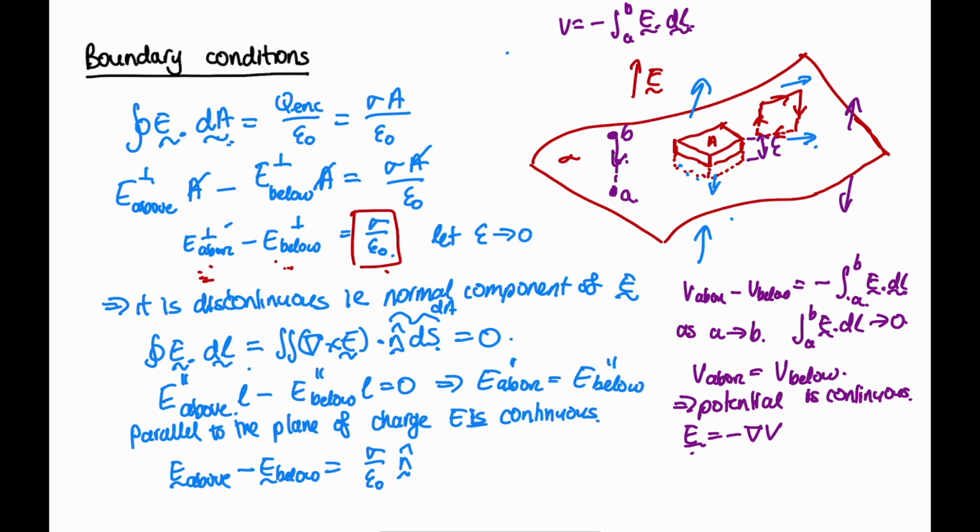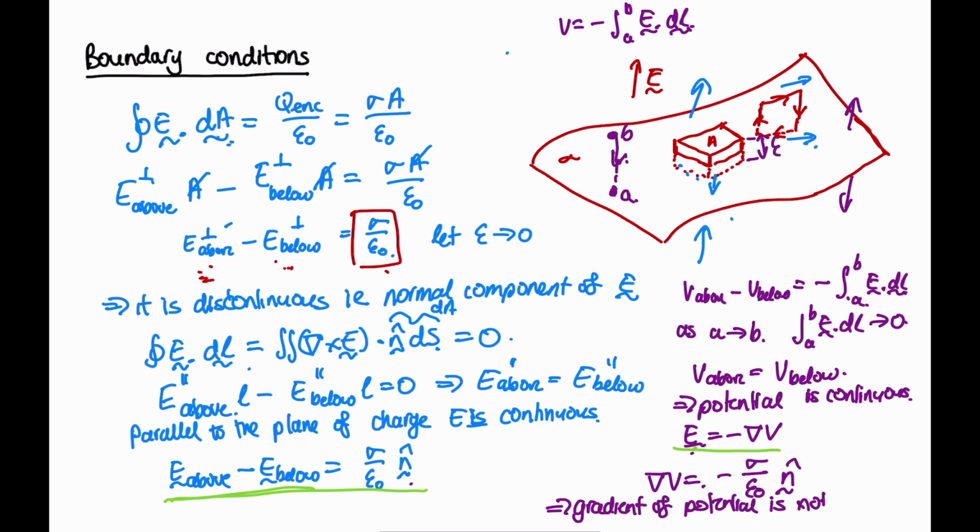So using this equation here, this E is the same as this E. So we have got that the gradient of the potential is negative this thing, so that's minus sigma over epsilon naught in the normal direction. And so this tells us that the gradient of the potential is not continuous.